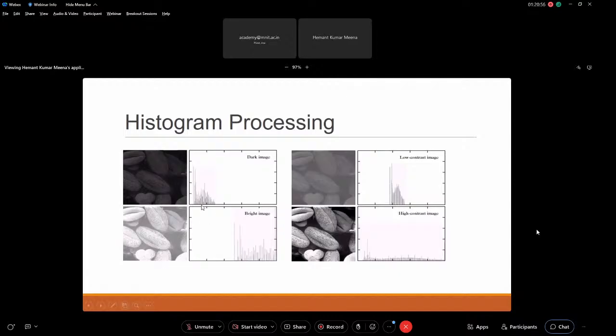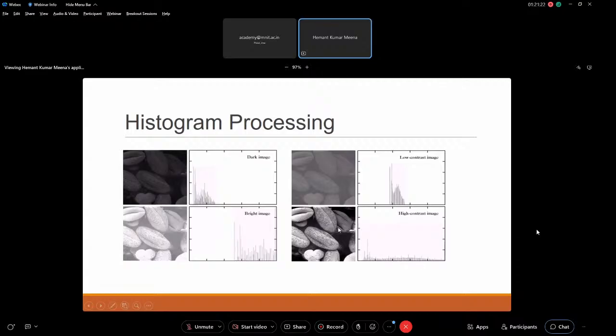Here you see that in the dark image most of the pixel intensity lies in the lower region. In the bright image it is at the higher end. In the low contrast image it is in the middle. In the high contrast image it is equally placed, where all the intensities are there.